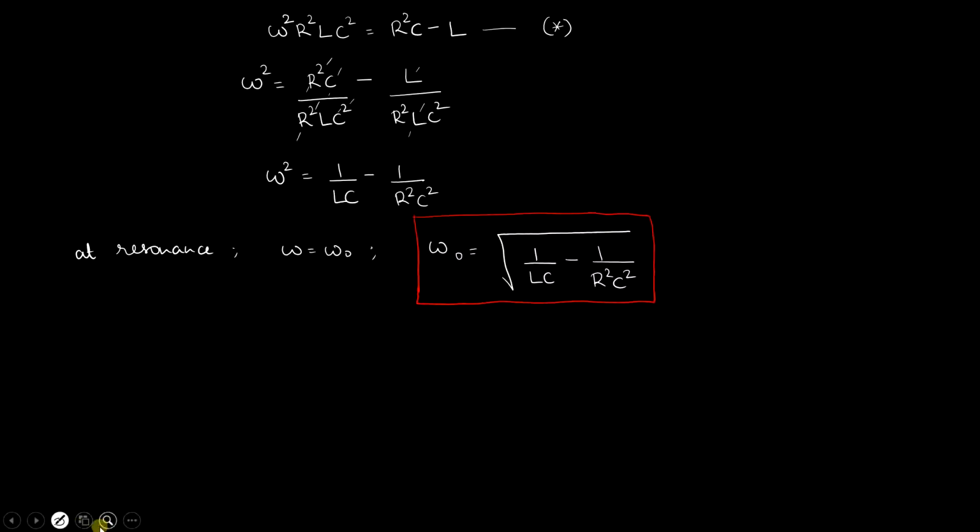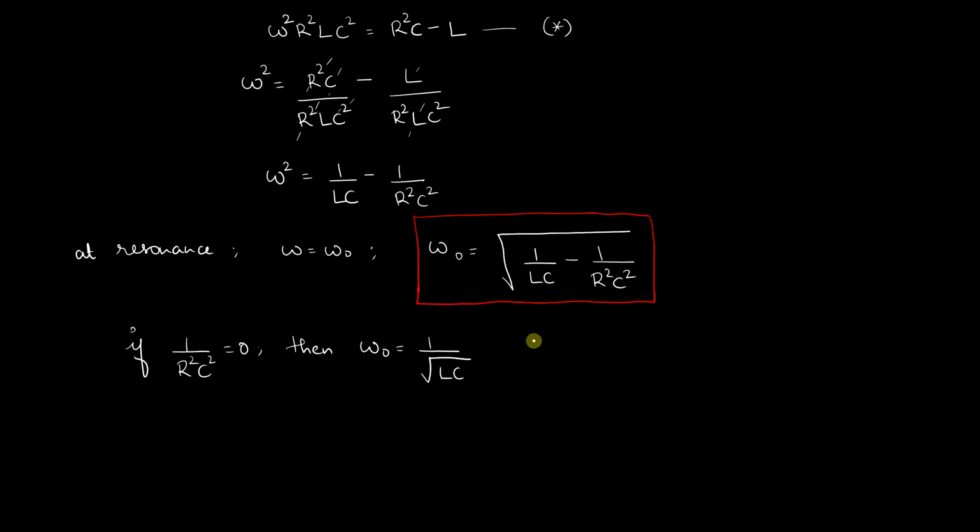Now if I am considering this particular term, 1 by R square C square, to be equal to 0, then omega naught will be equal to 1 by root LC.